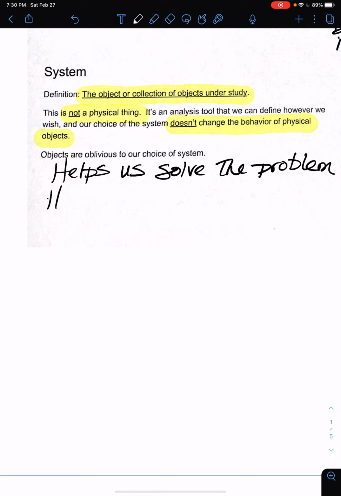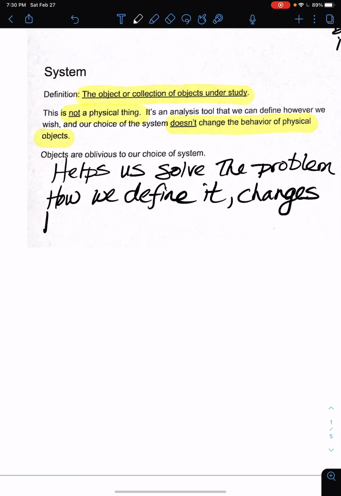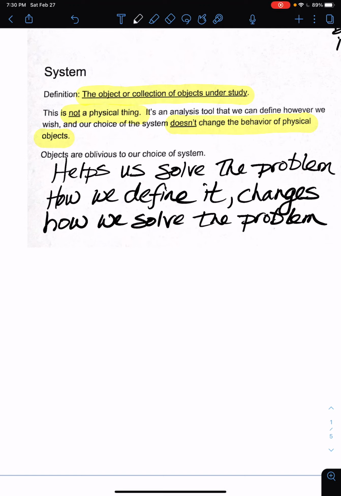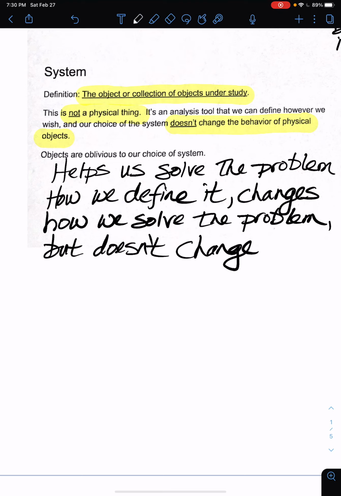How we define it changes how we solve it, but it does not change the problem.